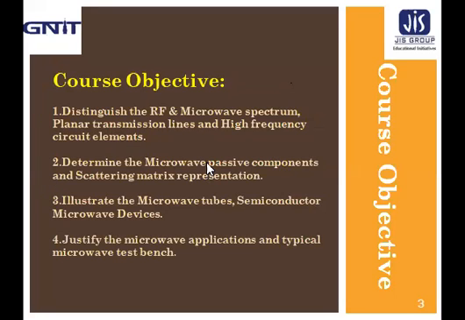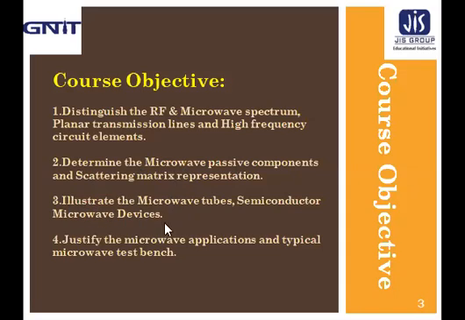Now, there are some course objectives. The first one is to distinguish the RF and microwave spectrum, planar transmission lines, and high frequency circuit elements. Second is to determine the microwave passive components and scattering matrix representation.